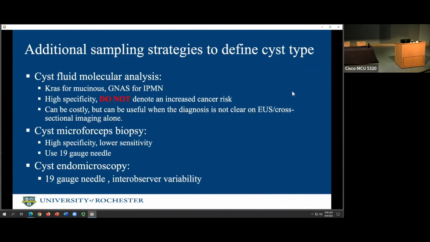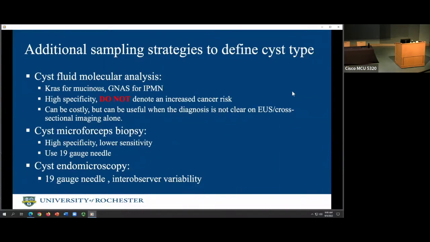Cyst endomicroscopy, where you advance a confocal laser endomicroscope probe through a 19 gauge needle, and you examine the cyst wall epithelium in real time to further assist in identifying the type of the pancreatic cystic lesion you are evaluating.